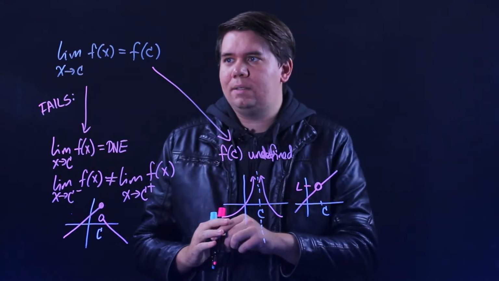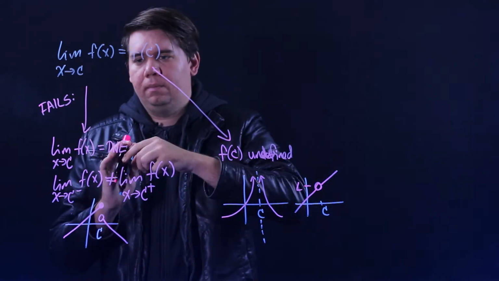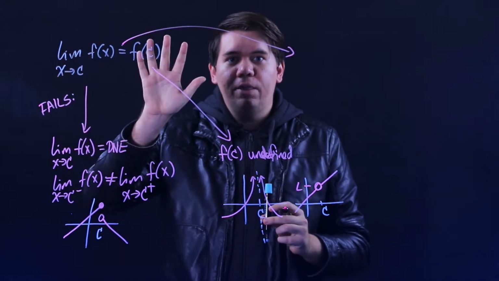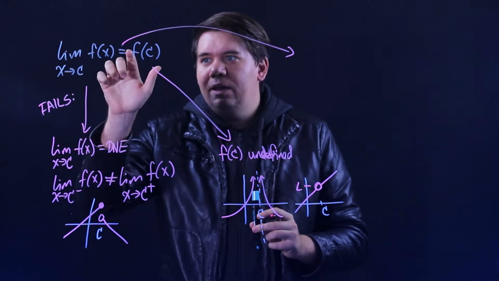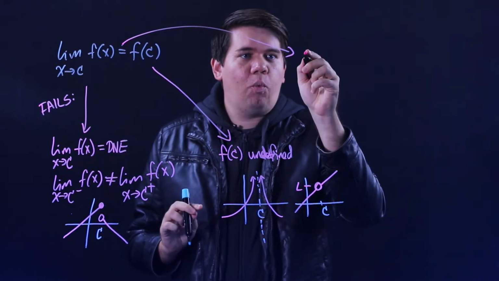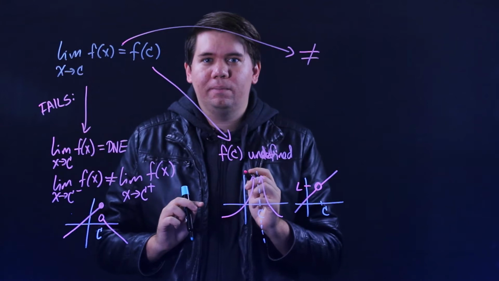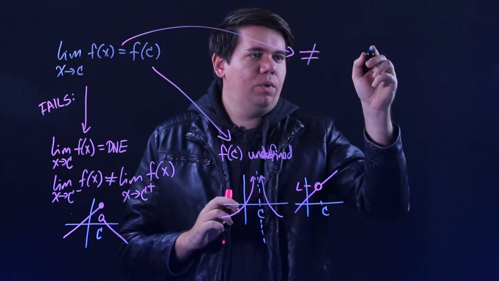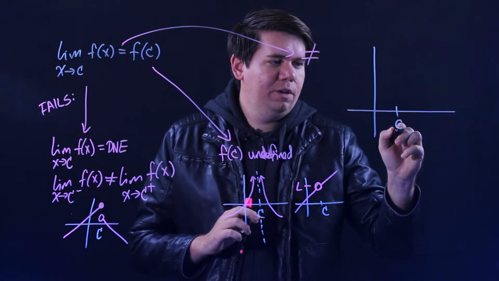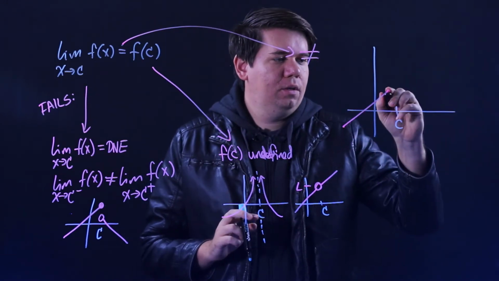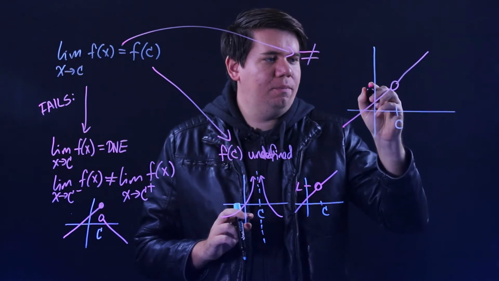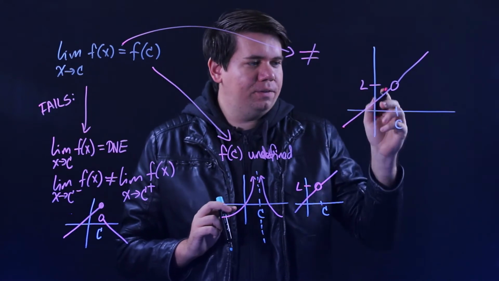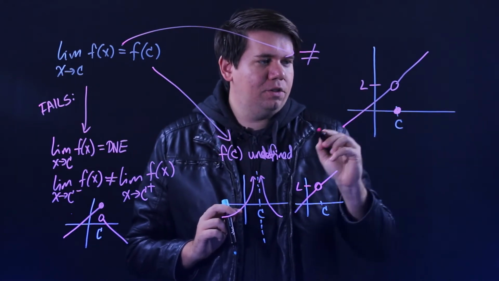The third possibility is that the left-hand side is defined and the right-hand side is defined, but they're not equal to each other. The equality might fail. So what would that look like? Well, it would be similar to this situation where your left-hand limit and right-hand limit would both be going to some value L, but then your function f of c isn't equal to L. f of c is maybe defined down here to be 0.